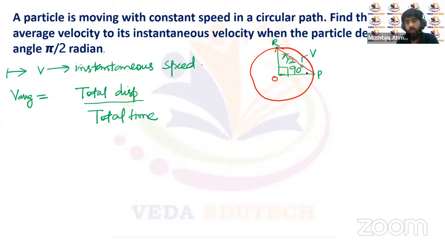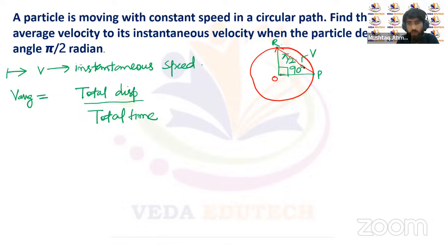The total displacement of this particle will be from point P to point R. This is the initial position of this particle, this is the final position.